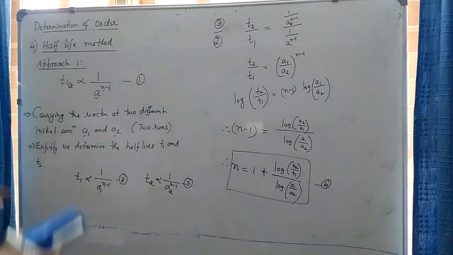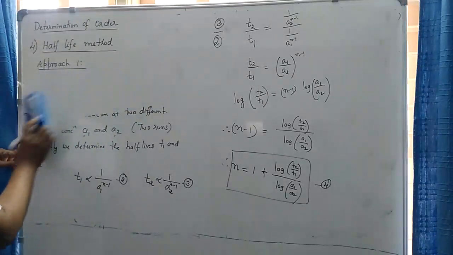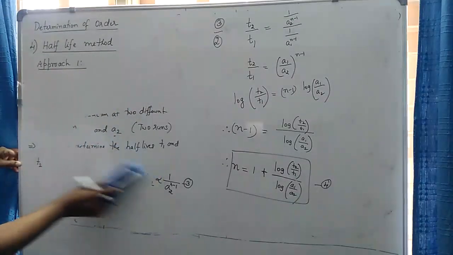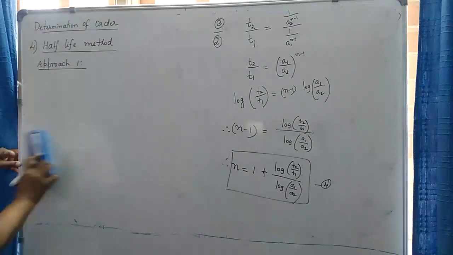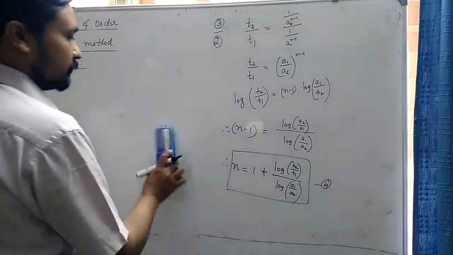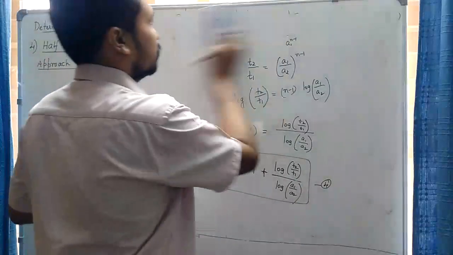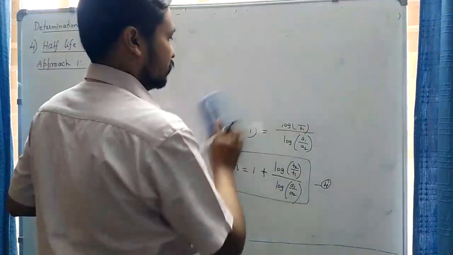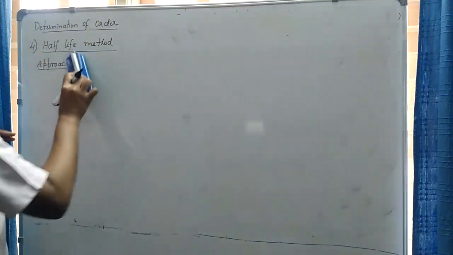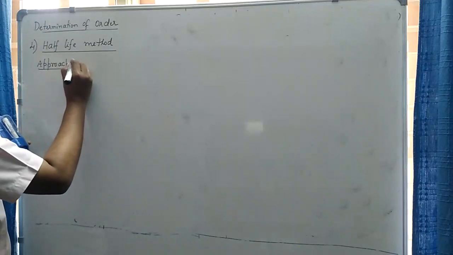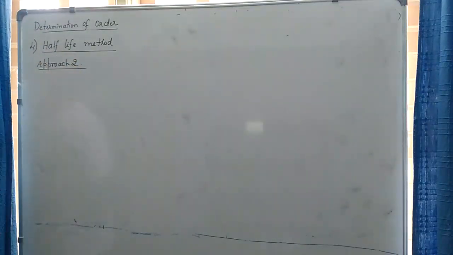For that we should use a general expression for half-life of an nth order reaction. So the second method uses the general expression for half-life.